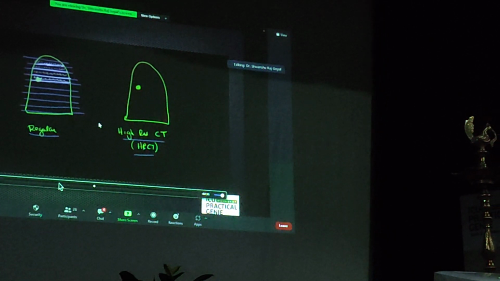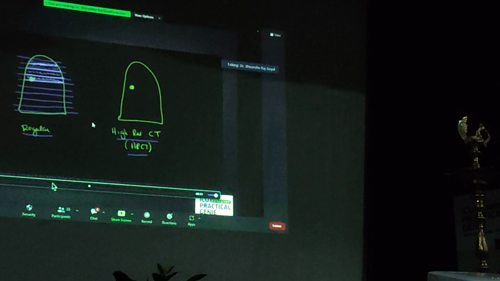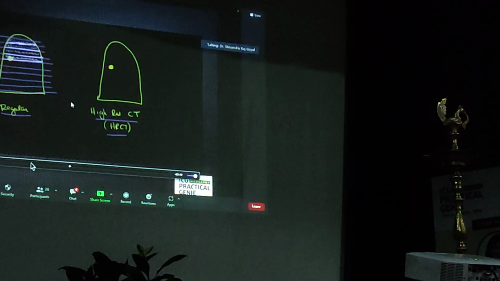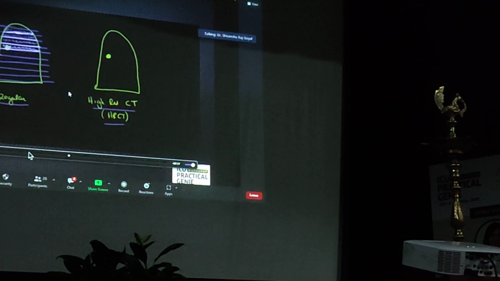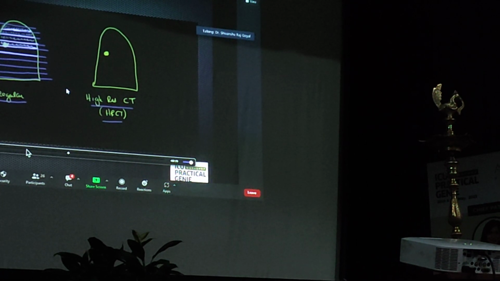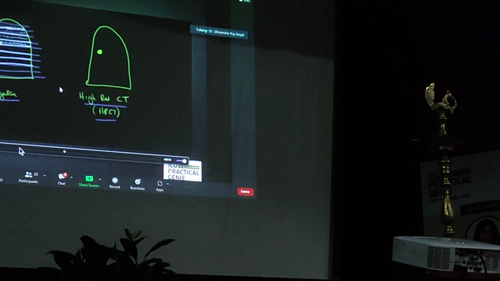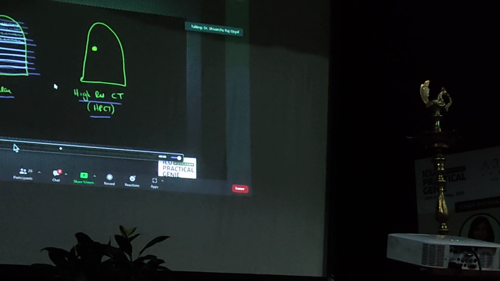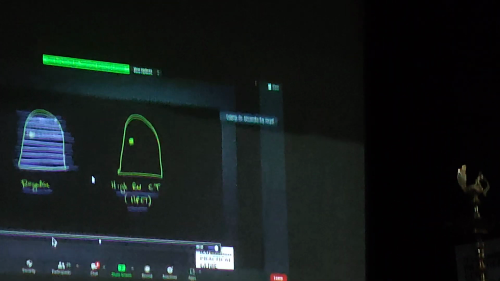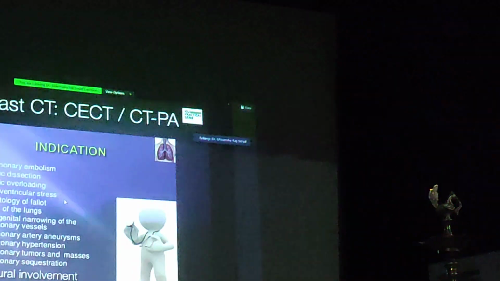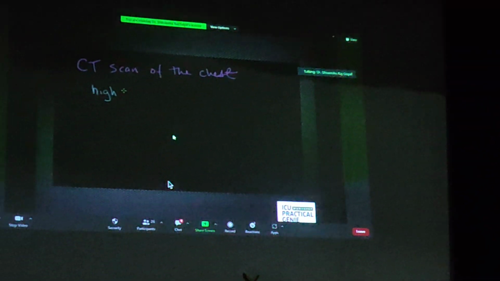So suppose you are suspecting a nodule in the right upper lobe and you order an HRCT, you have to make sure that you order an HRCT of the lung with right upper lobe abnormality. Then the radiologist would focus on the right upper lobe and take the maximum cuts in the right upper lobe. Now, sorry, let me just go back.